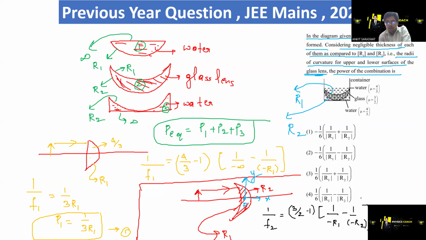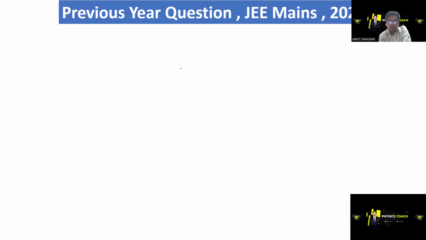So it comes out to be, P2 will be what? 3 by 2 minus 1, it is 1 by 2, multiplied by 1 upon R2 minus 1 upon R1. This is for the second lens. In a similar way for the third lens.